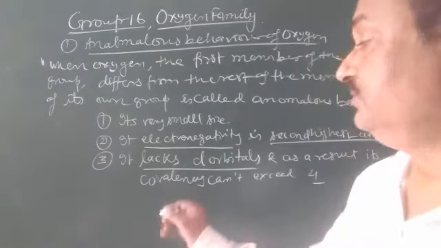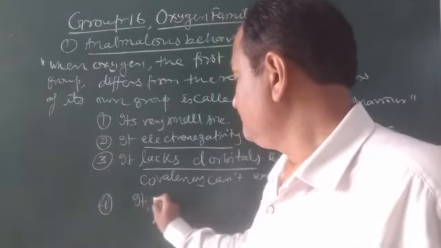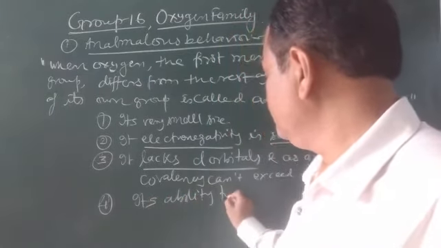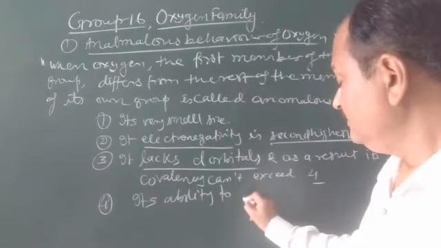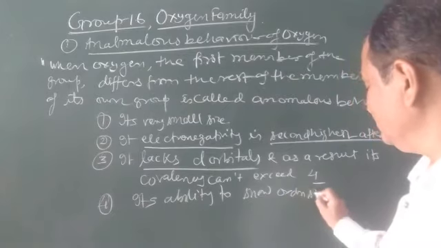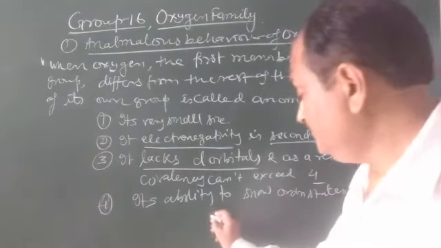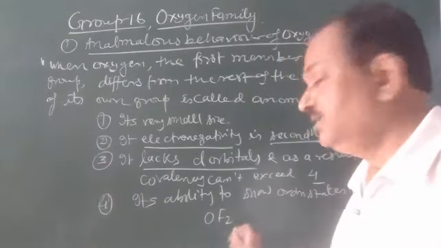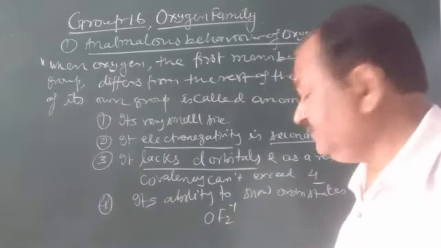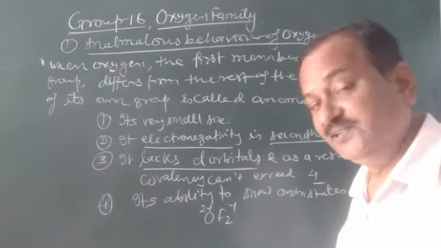Now the other point is its oxidation states. In OF2, fluorine is -1, so here oxygen is +2.